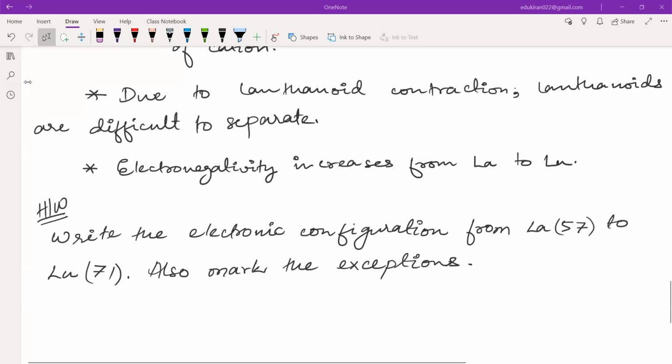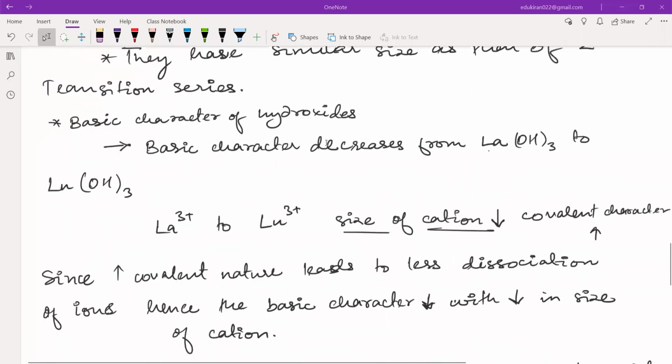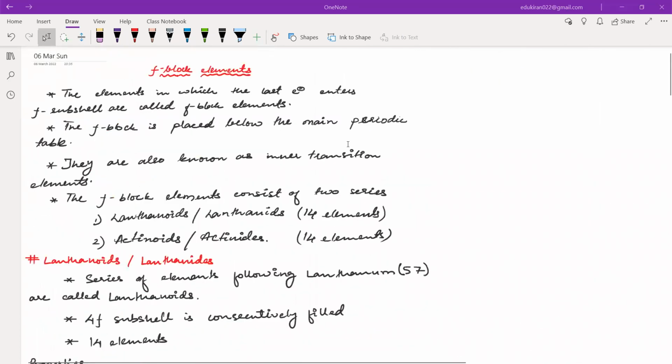Okay, so can you show the first notes? Yeah, I will show you the first notes. Yes, here, Abir. Okay, the main important point here is the oxidation state. Please remember 2, 3, 4. These are the oxidation states of lanthanides. 3 is the most common one. Then the lanthanide contraction, and in lanthanide contraction, there are 3 things. What is lanthanide contraction? That is the decrease in size from lanthanum to lutetium. Why does it happen?